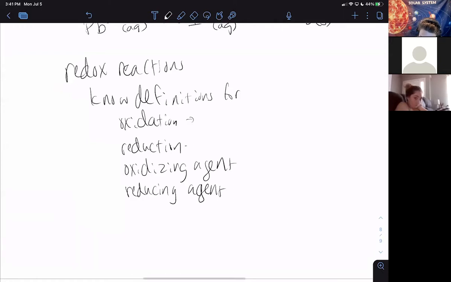Keep in mind with oxidation and reduction, this is an atom, right? I mean, it could be 2 or 3 iron atoms or iron ions. So atom or monoatomic ion.